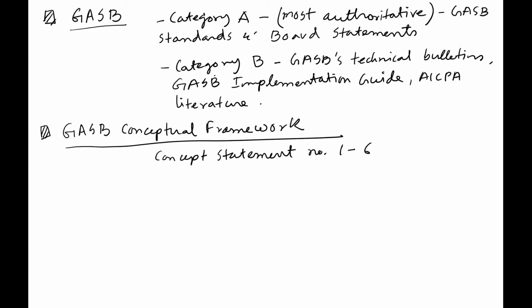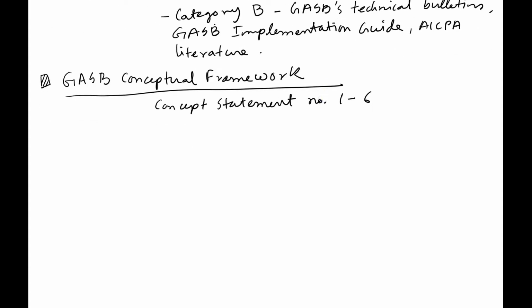So basically the users can use any type of information to assess the accountability of any governmental unit, and the areas are general purpose external financial reporting. This is actually mostly for external users.